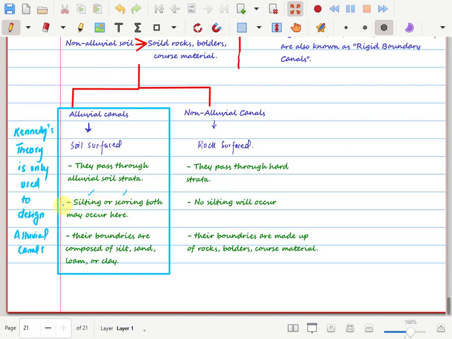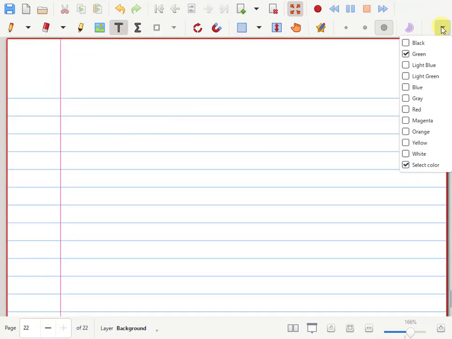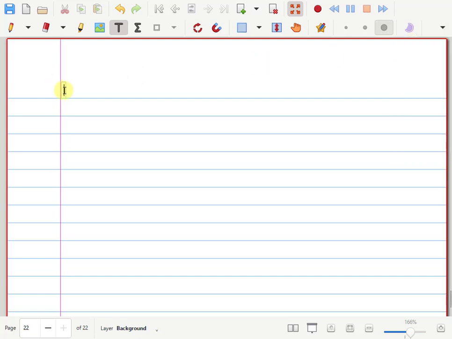So let's move forward and try to discuss a few more important points. Now we are going to consider this section only, right? Here we need to note down a few important points, make it as notes.